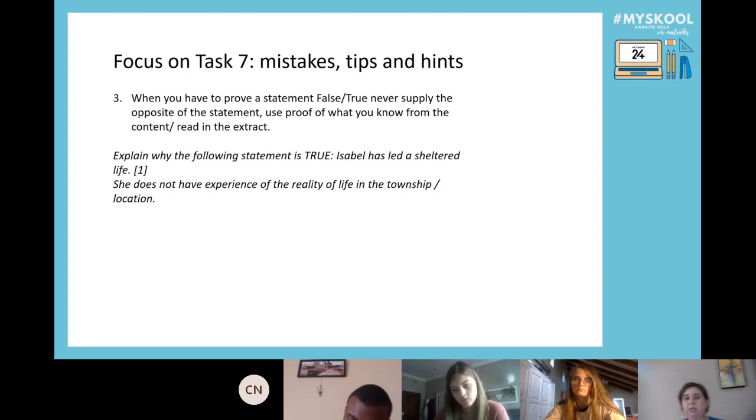And sometimes you do that. True means yes. What this says is actually the truth, and you give examples to prove that. False is when it's not the truth, when it's a lie, and you have to prove why it's a lie.